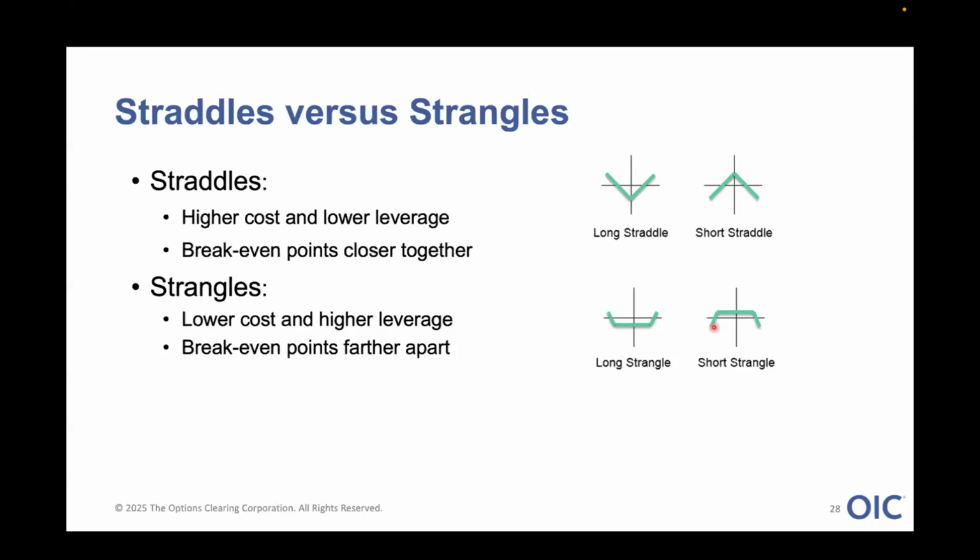Strategies such as butterflies, condors, iron butterflies, those are also strategies that you can use to take advantage of high implied volatility. In other words, selling high implied volatility while mitigating your risk, because the risk is defined on those. Risk is somewhat undefined in a short straddle or a short strangle.